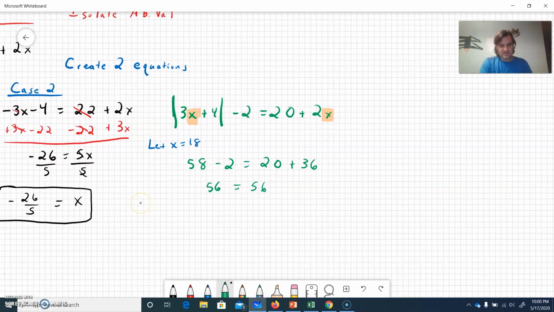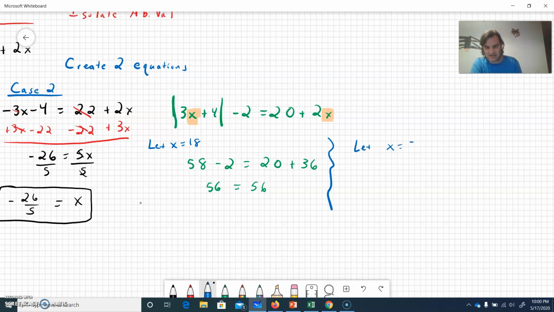So we're going to use the same equation, but we're going to do it with let x equal negative 26 fifths. So this may not go as well because of the fractions, but let me see here. I'm going to do a little magic, and you can do a little magic with fractions as well. So let me pause it to save a little bit of time, and then you can do it behind the scenes.